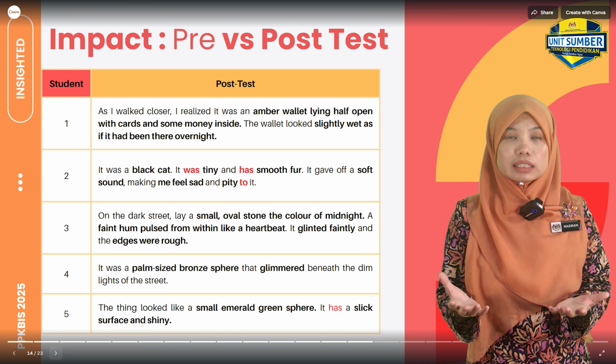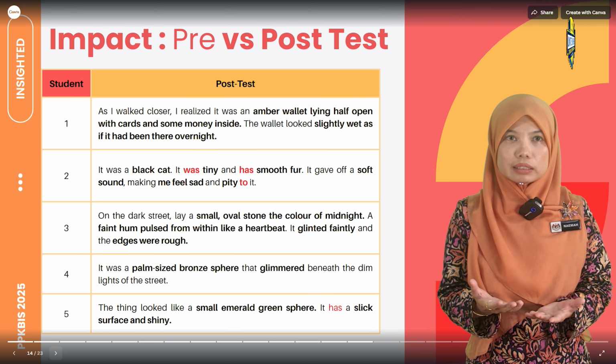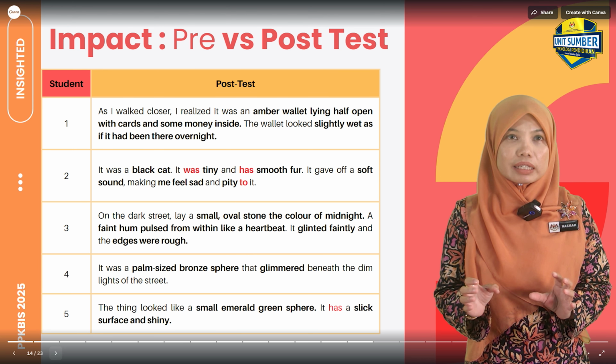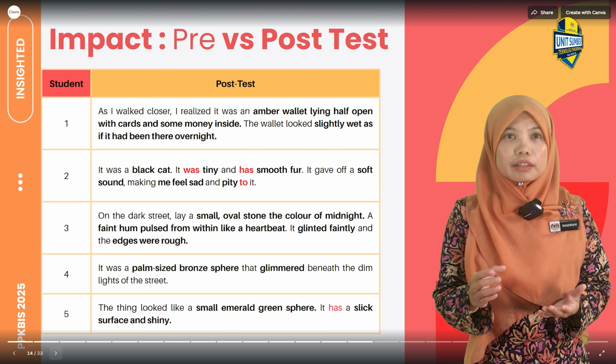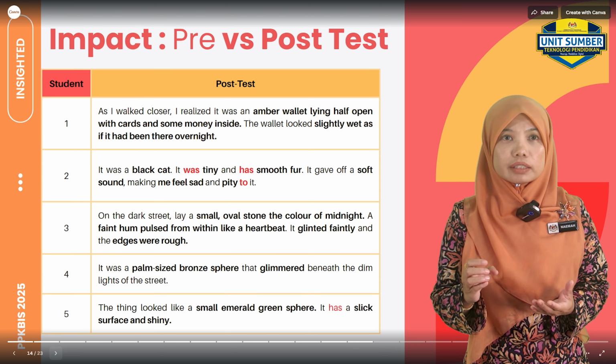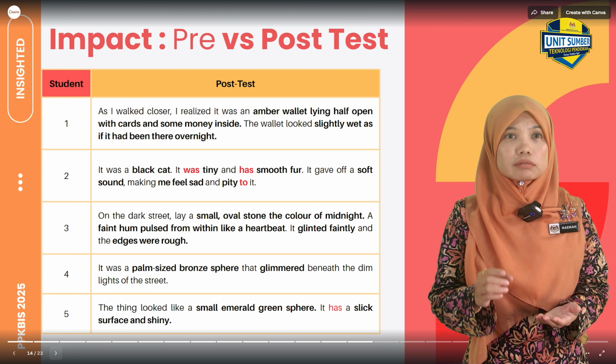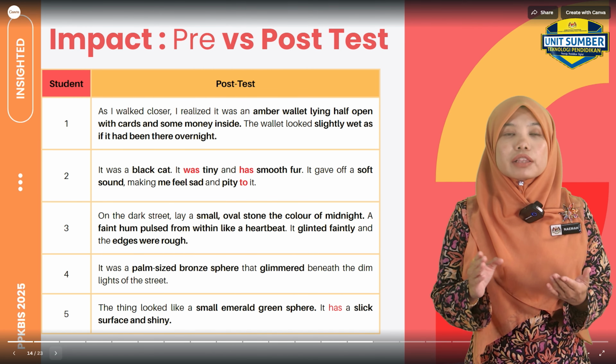And this is the result of their post-test. Compared to the pre-test, their post-test writing has greatly improved. They have written longer and more detailed sentences containing detailed descriptions of the object.